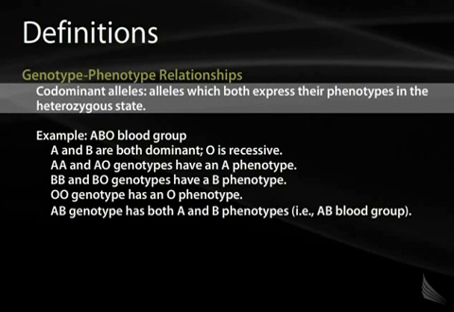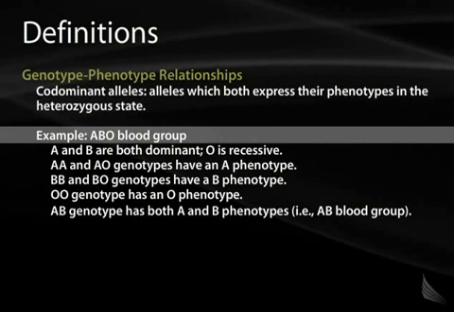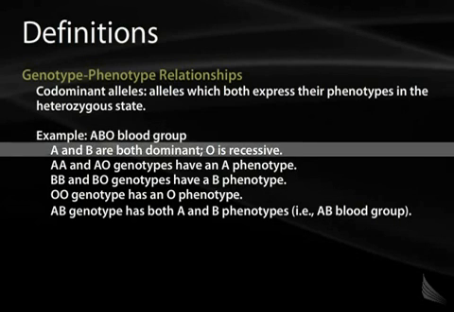A couple of other definitions to know, codominant alleles. These are alleles which both express their phenotypes in the heterozygous state, so there's not one that dominates over the other. A good example of this is in considering the ABO blood group and AB antigens on the surface of red blood cells. A and B are genes for antigens that are expressed on the surface, and they're both dominant.